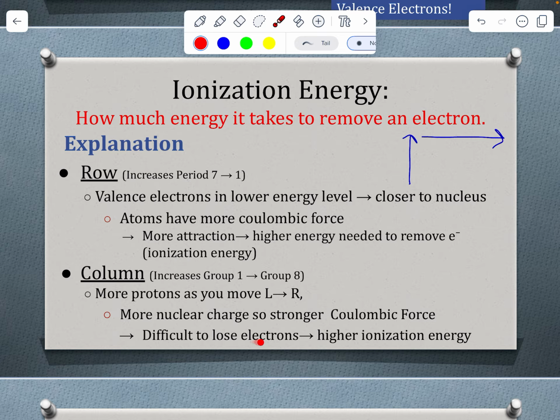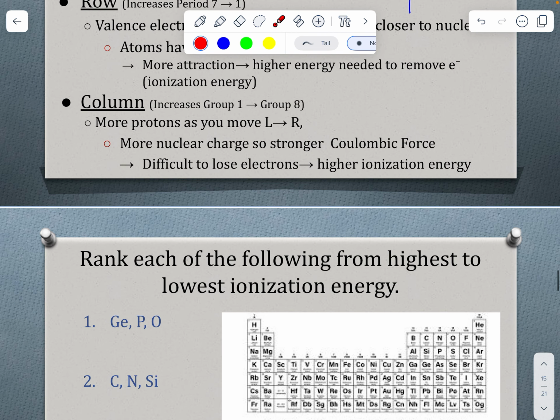So it's going to be more difficult to lose those electrons because of that increase in nuclear charge and that increase in Coulombic force. As we're doing these CERs, you are also going to need to include that definition of ionization energy to explain when you are comparing ionization energy for 2 elements.